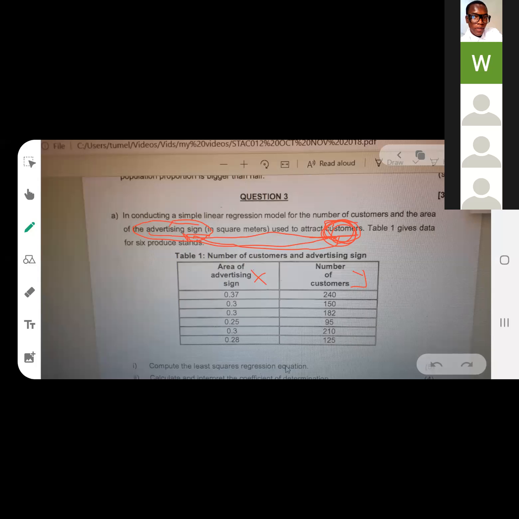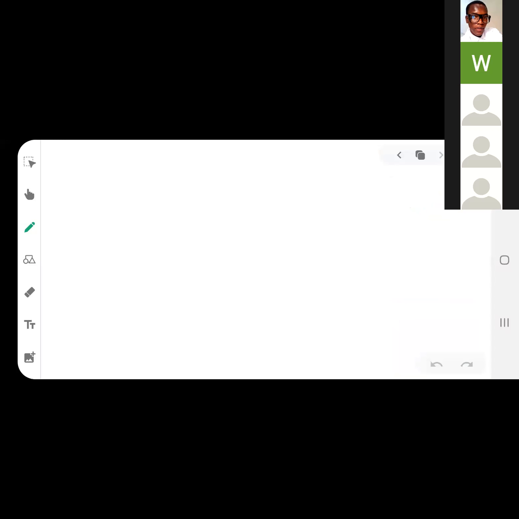You are going to punch all this because the question here says compute the least square regression equation, 5 marks. So I told you that if they say compute the least square regression equation, they need this equation.